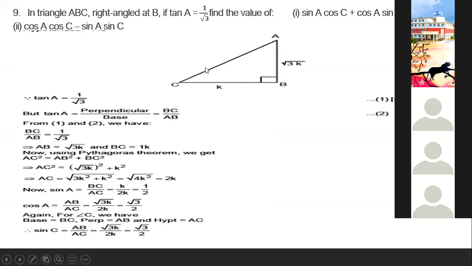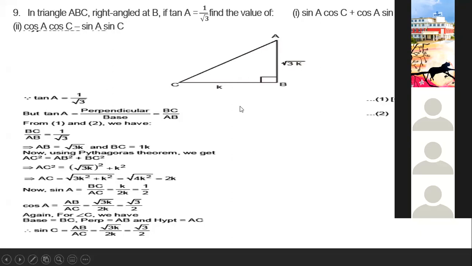By using all three sides of the right angle triangle, we need to find sin A, cos A, sin C, and cos C. First we find sin A. With respect to angle A, opposite is 1 and hypotenuse is 2, so it is 1 by 2.